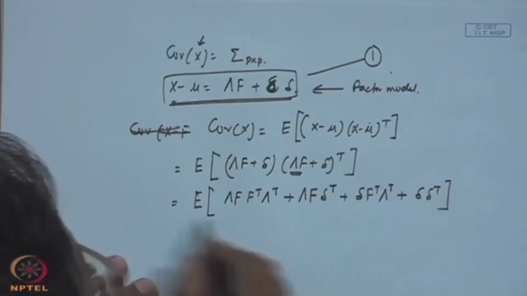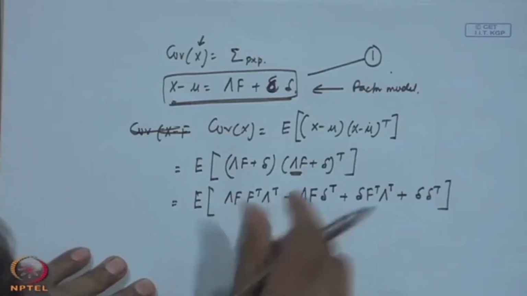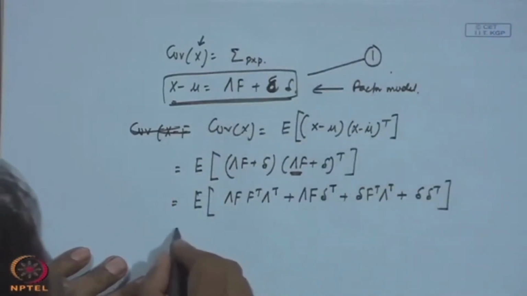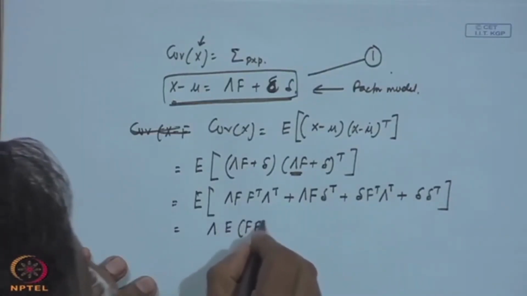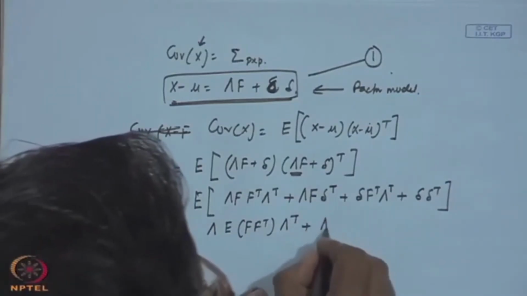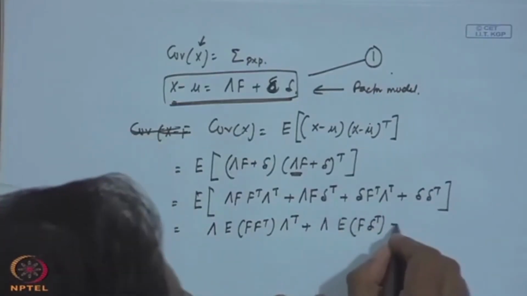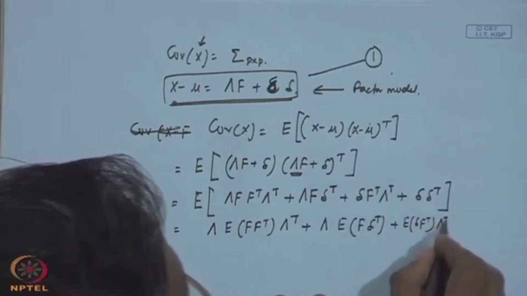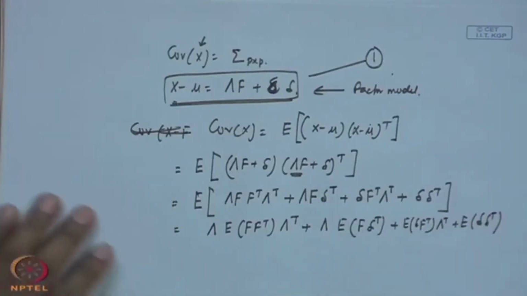Okay. Now, that capital lambda is the regression-like constants you have seen earlier. So, this constant will come out. So, lambda expected value of f f transpose capital lambda transpose, plus lambda expected value of f delta transpose, plus expected value of delta f transpose lambda transpose, plus expected value of delta delta transpose.